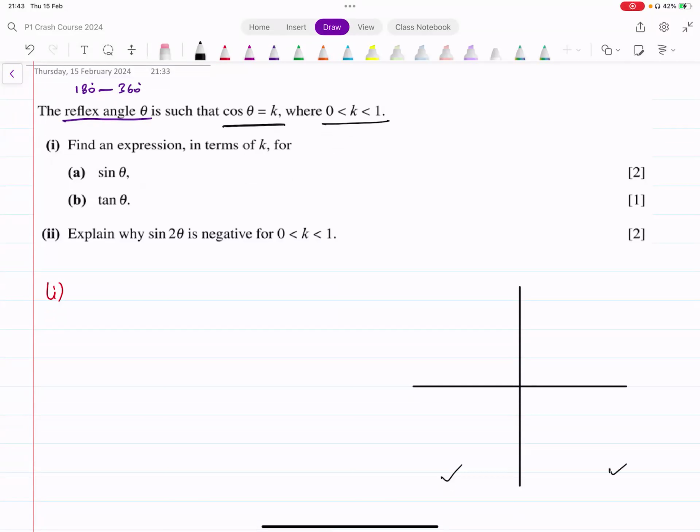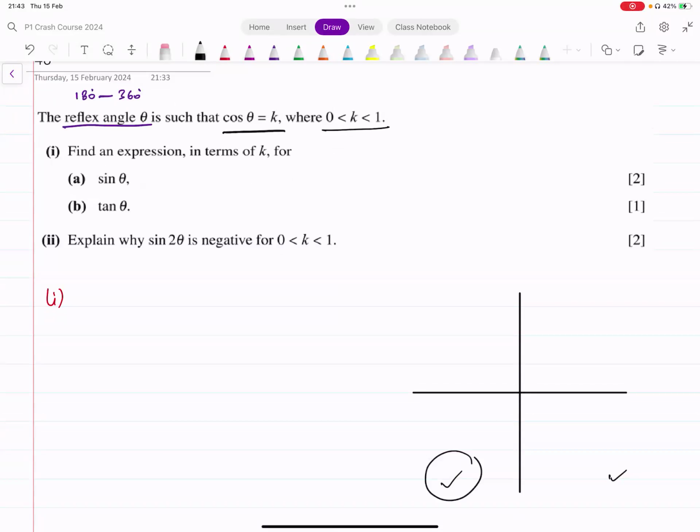First quadrant is not even possible. We can only have third or fourth quadrants. Amongst these 2 quadrants, cos is only positive in the fourth quadrant. So that means the angle theta should be in the fourth quadrant and not in the third quadrant because of cos being positive, because the value of k is positive. Okay. So the first sentence is basically telling you which quadrant theta lies in.